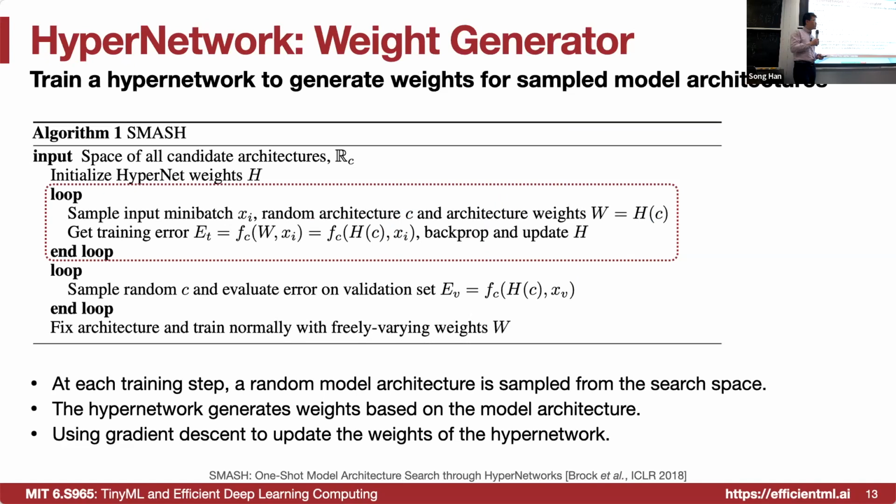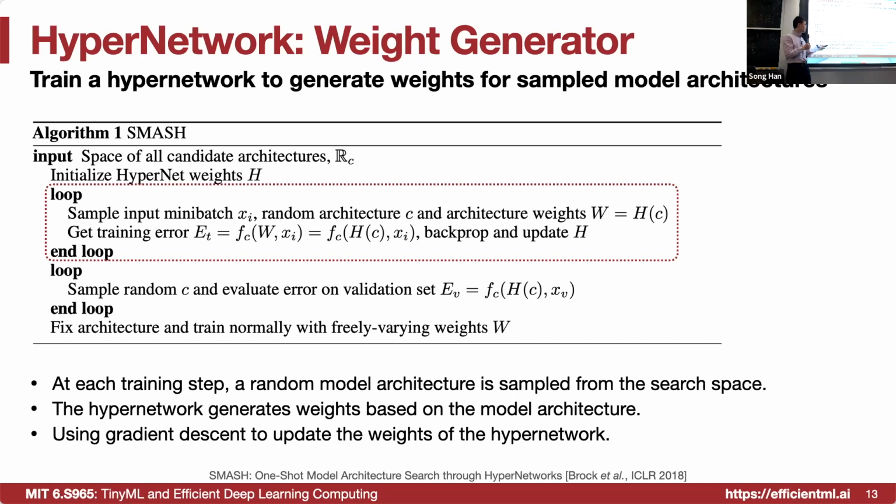All right, and then there's another interesting idea, which is using a hyper network, which is a weight generator. The weights of this network are not trained, but are generated by another neural network called a hyper network. You train a hyper network to generate the weights for the sampled network architecture. At each training step, a random model architecture is sampled from the search space. And how do we fill in the weights?